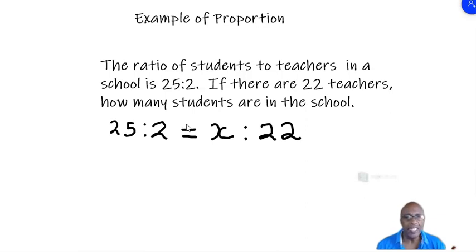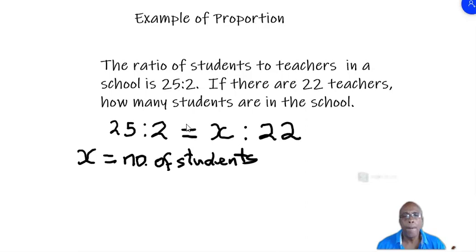So let me write x equals the number of students. So how do we find x? Now, there are a number of ways you could do this, but this is how I like to do it. Remember we said that the ratio can be written as a fraction.